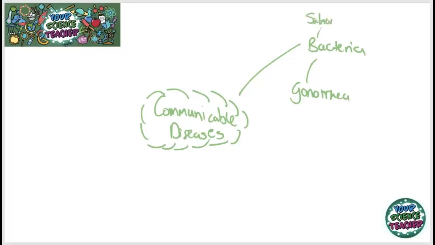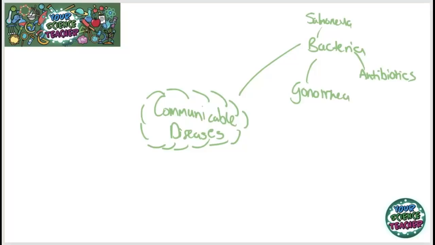Salmonella is caused when you don't cook your food properly. It often breeds on raw foods, and when you ingest it, it basically multiplies really quickly in your body. Now, we treat bacterial infections with antibiotics. Basically, antibiotics will kill the bacteria and stop it from reproducing in your body.